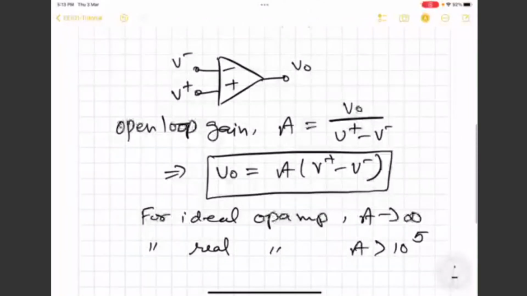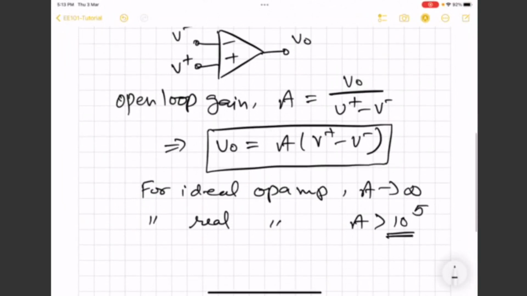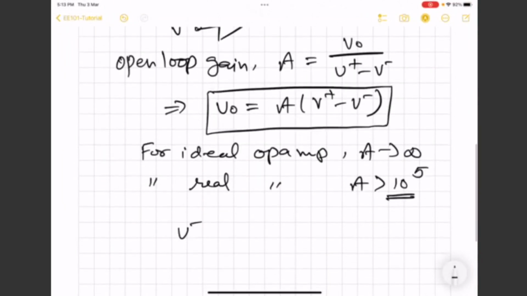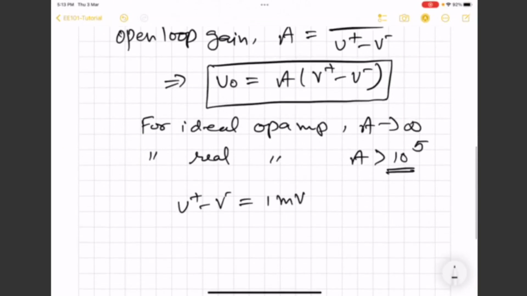That means, for example, if we have this much gain and V plus minus V minus is equal to, say, 1 millivolt, which is a very small number, then you can quickly see that the output is going to be 100 volt. This is a very large voltage.